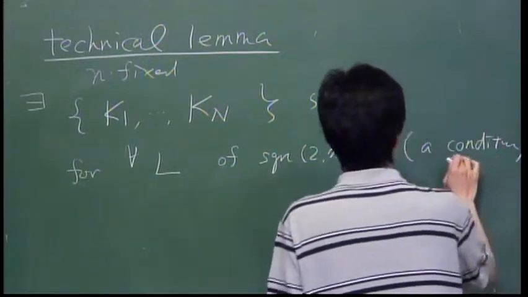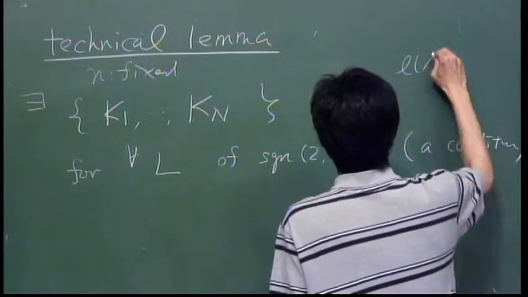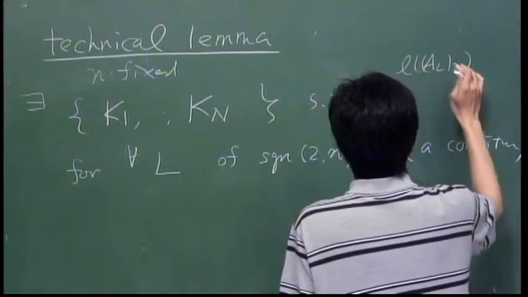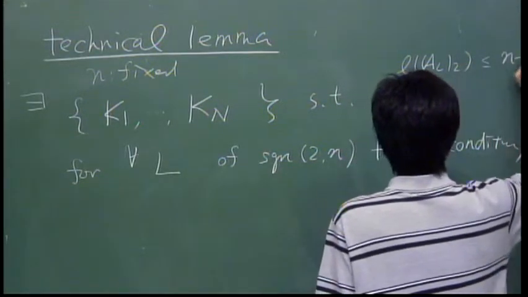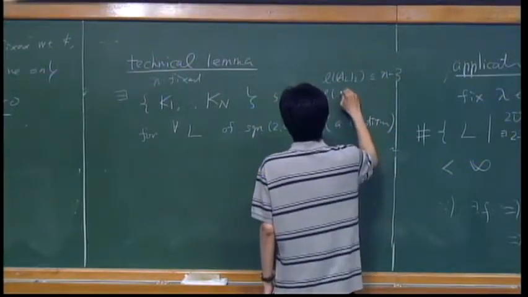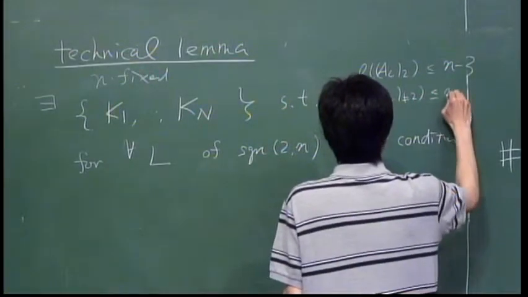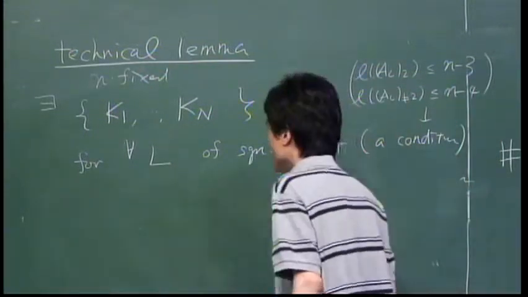This condition I can write as: the 2-component of the discriminant group has length smaller than n minus 3, and the odd component has length smaller than this. But this is a technical condition.